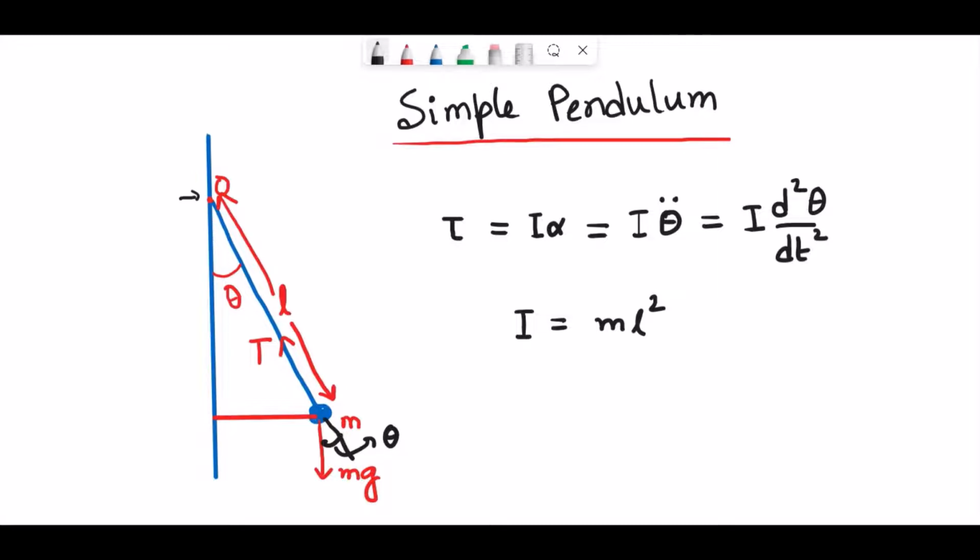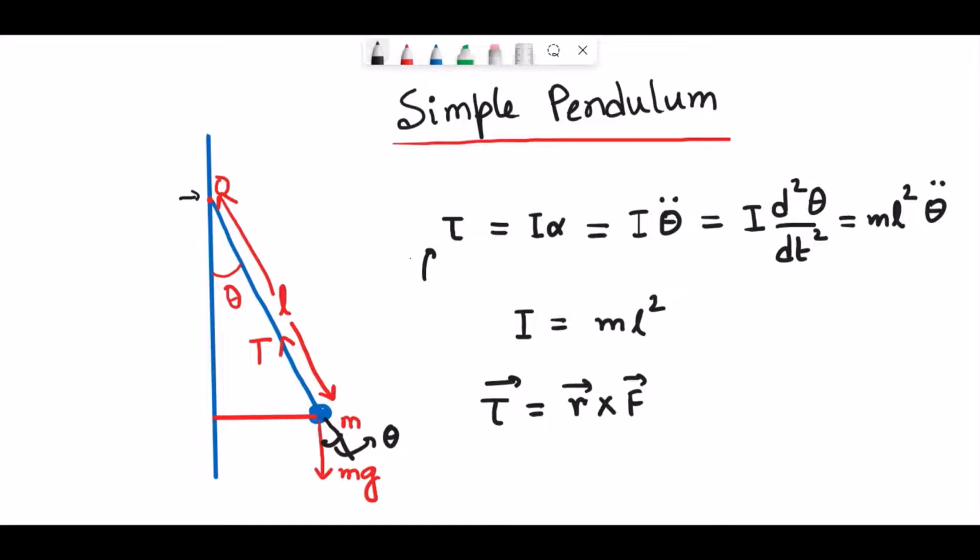So that's the torque. If we substitute it here, we get mL squared theta double dot. On the other hand, we can find the torque by this formula, r cross F, which is a vector. Tau itself is a vector, and here it is the magnitude of the vector. After we find the vector expression here, we'll take the magnitude and equate them.